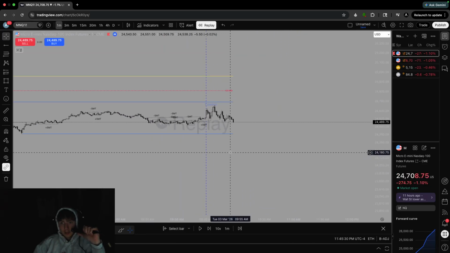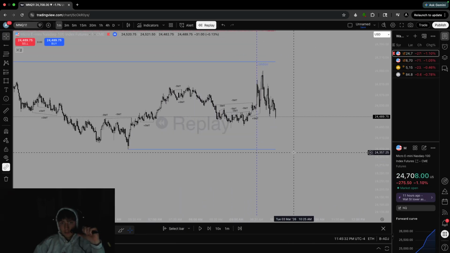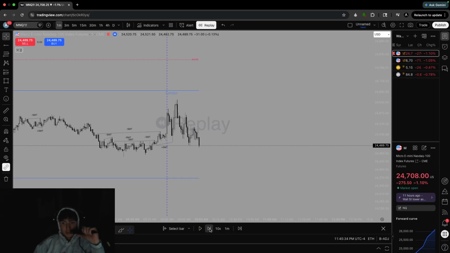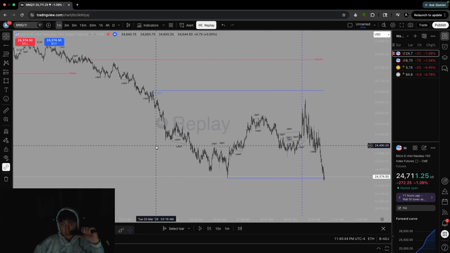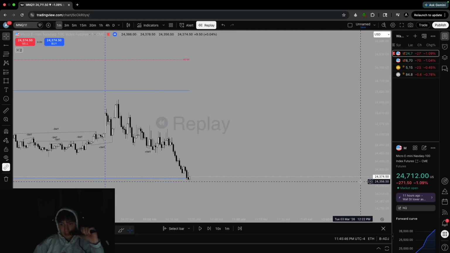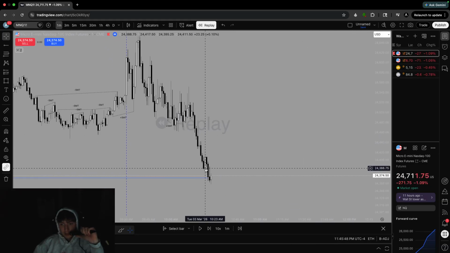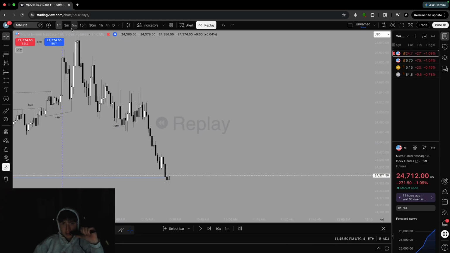We do not need to go backwards anymore because we haven't taken out any liquidity. All right, sweep of liquidity. Oh, this looks really high. High likelihood.